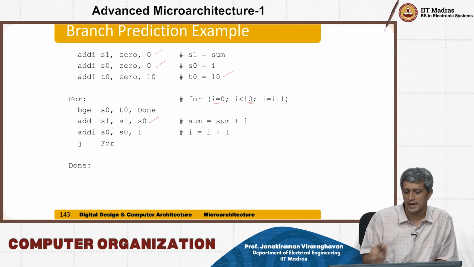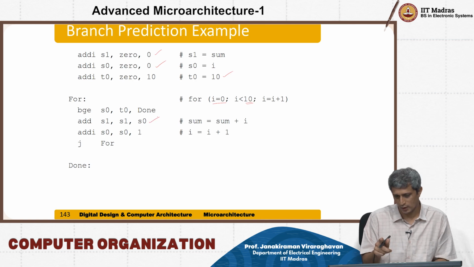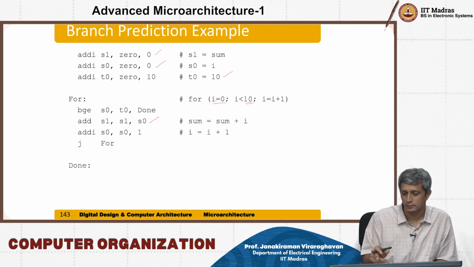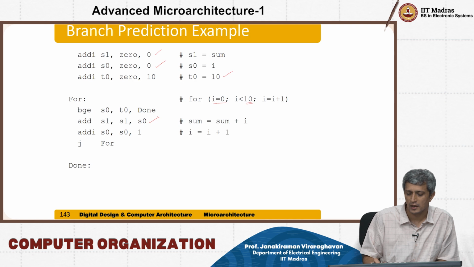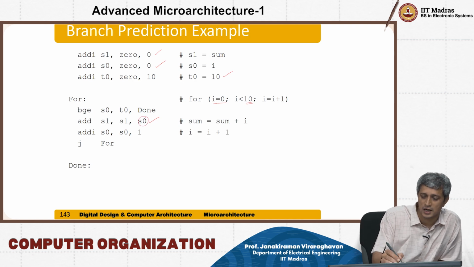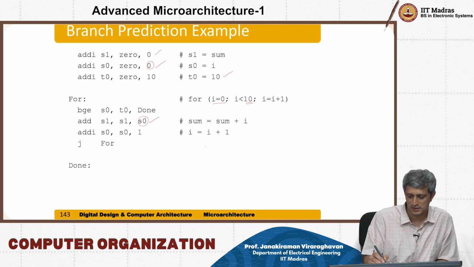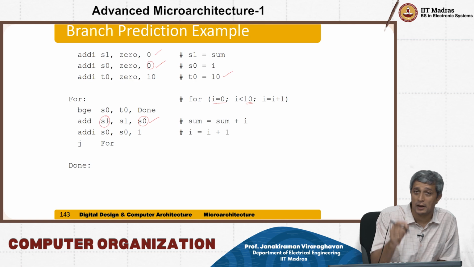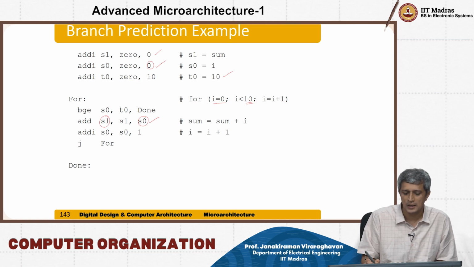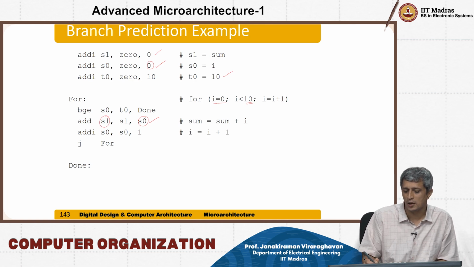Add S1, S1, S0. S0 is where i is. So initially I started with the value 0. Then you added sum equal to sum plus i, and that is being kept track of in the S1 register. Then you say addi S0, S0, 1.